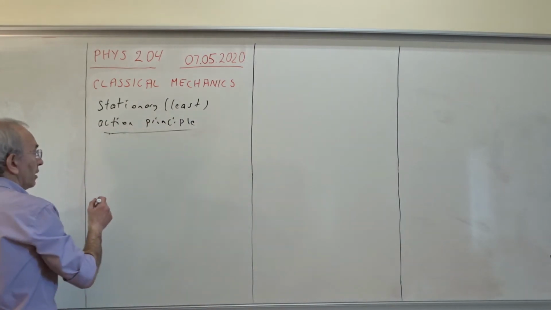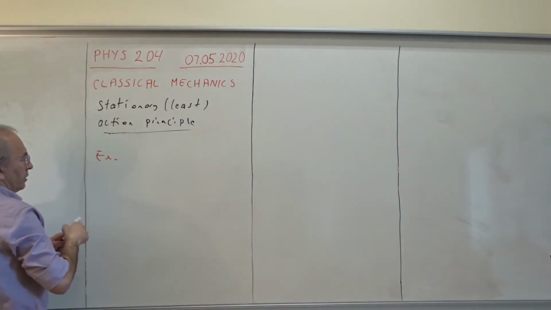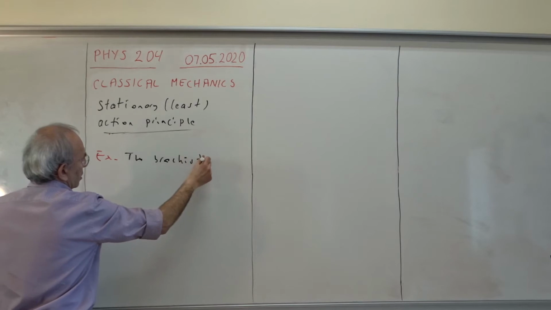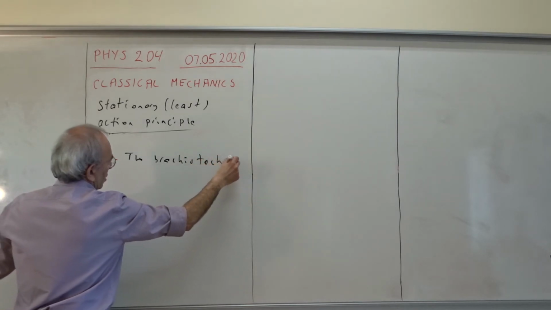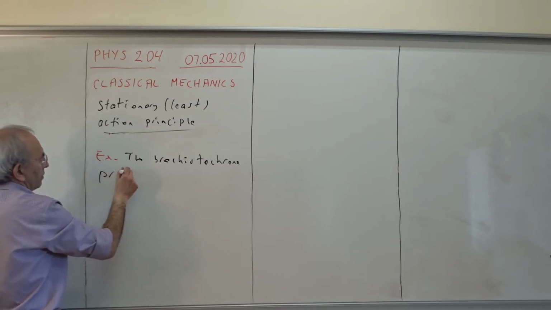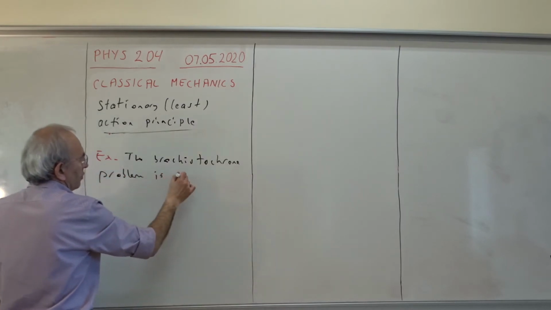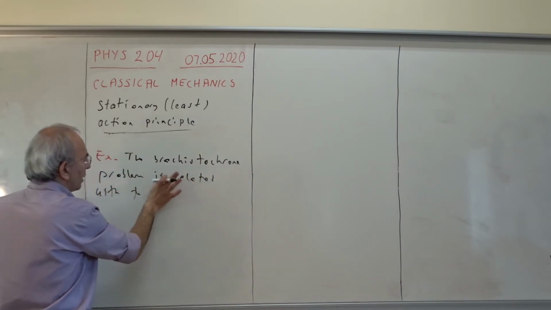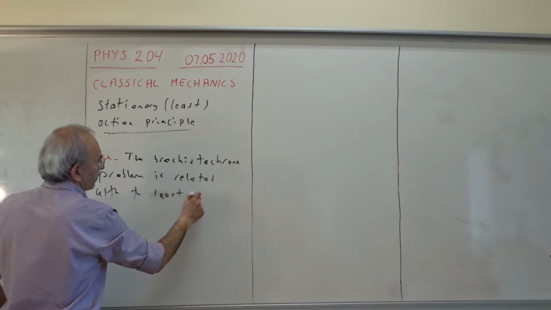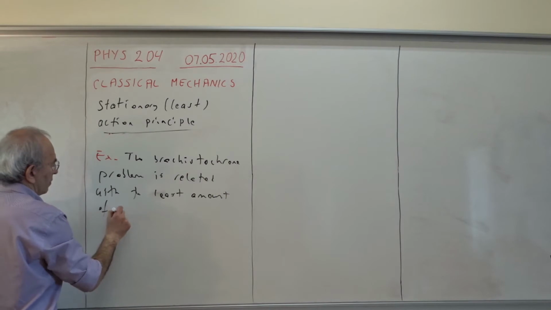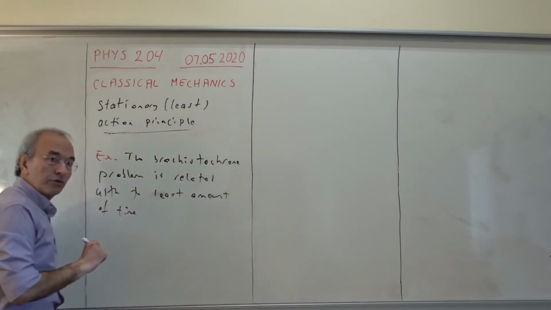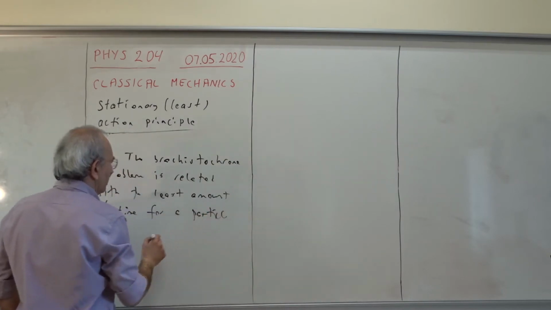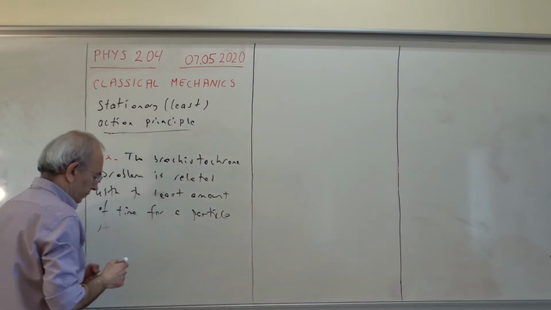So let me write it as an example. The Brachistochrone problem is related with the minimum time, the least amount of time, for a particle starting from the initial position.